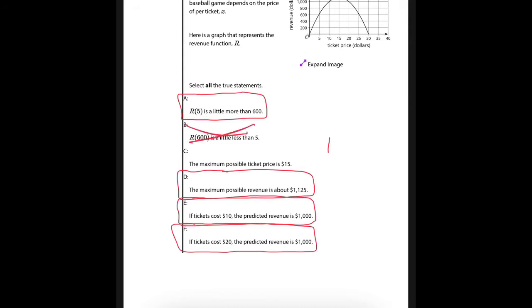And the maximum possible ticket price is 15? That is also not true, because when the ticket price reaches 15, that's your maximum revenue, but you can still have a ticket price that is up to $30.